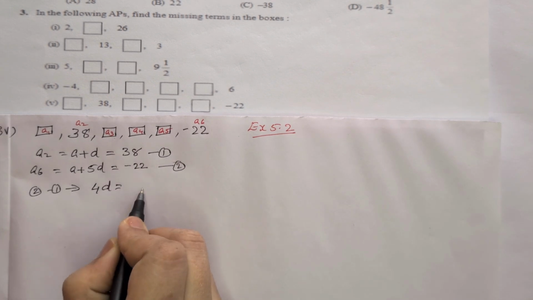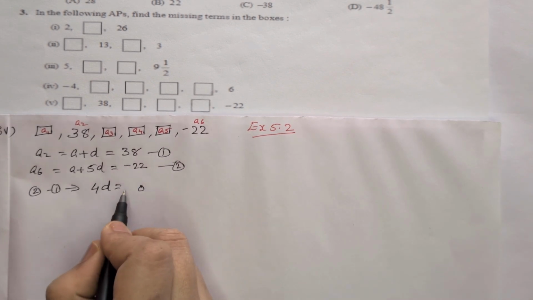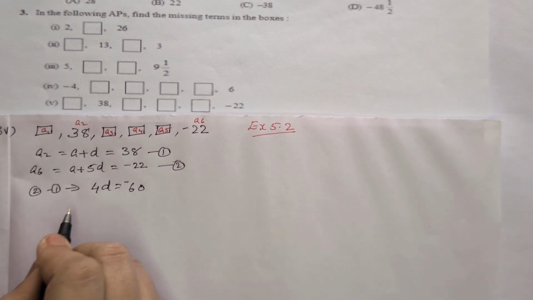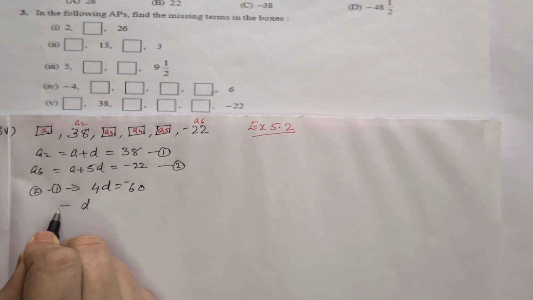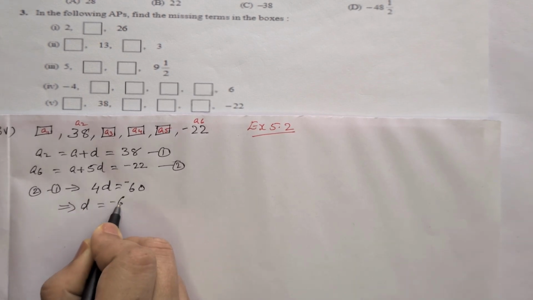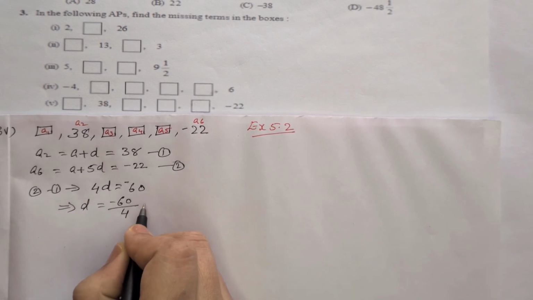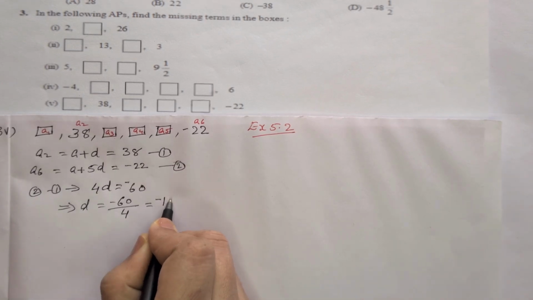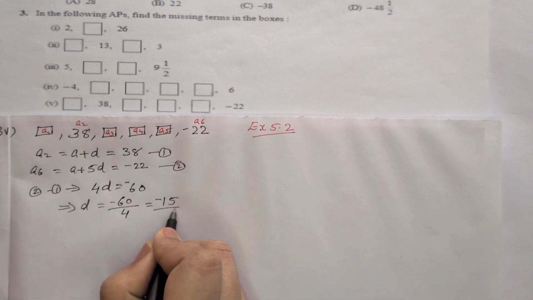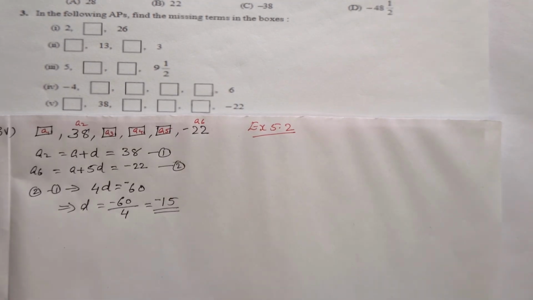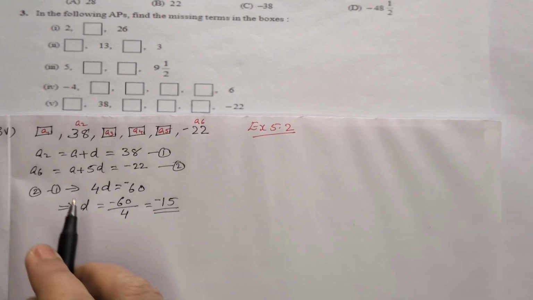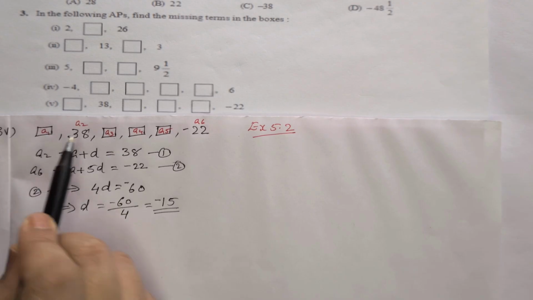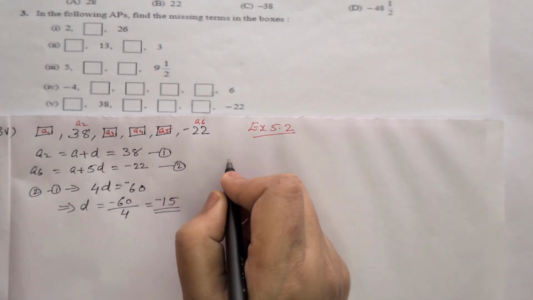So it will come minus 60. From that, D is equal to minus 60 by 4, which is equal to minus 15. So D is equal to minus 15. Then we have to find A in the first equation.